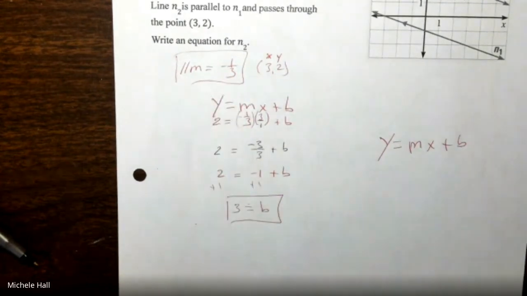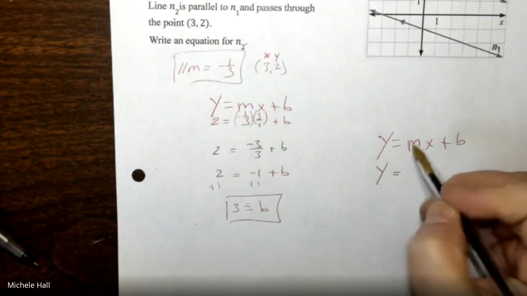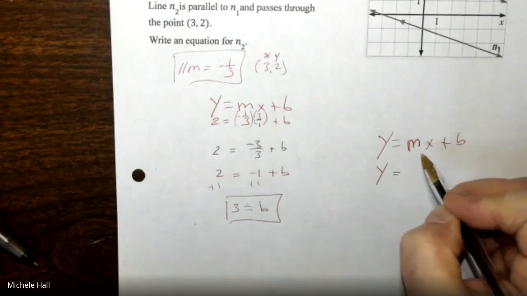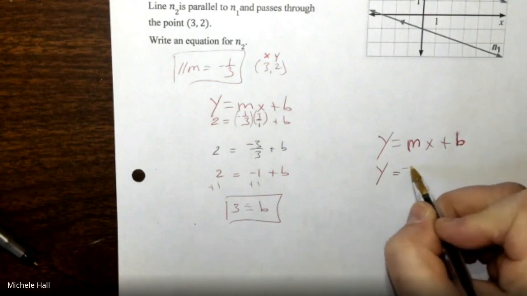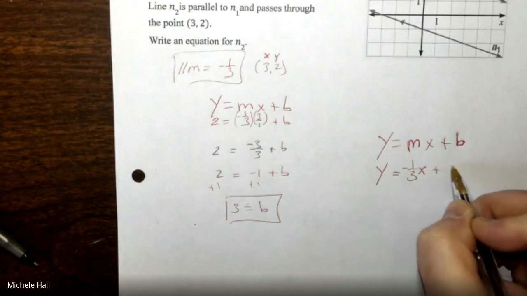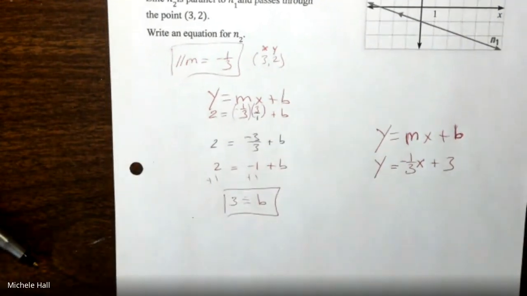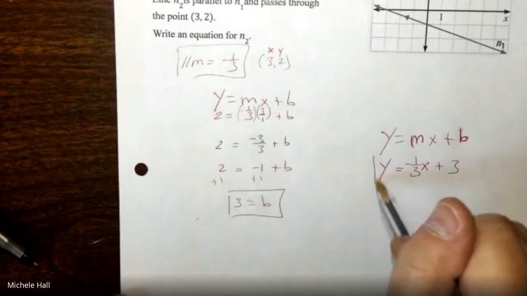Do I have B? Okay. Just got to substitute them in now. What do we get for an equation? You're going to make sure that you keep your Y there. The only thing you're substituting in, once you find your M and your B, is just the M and B. So Y equals negative 1/3 X, and then I have a positive 3 for my B. If it's going to be an equation of a line, it will always have a Y and an X in it. Okay? All right, let's look at the homework.